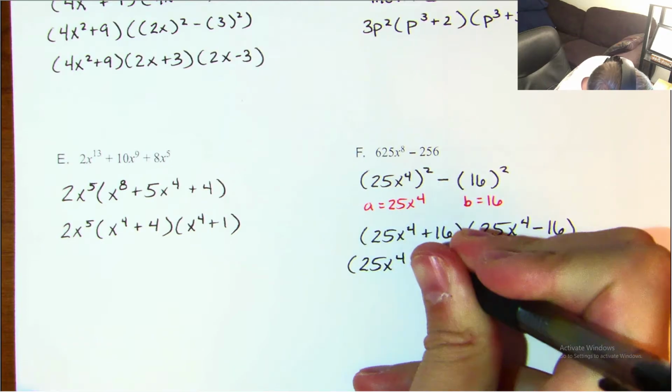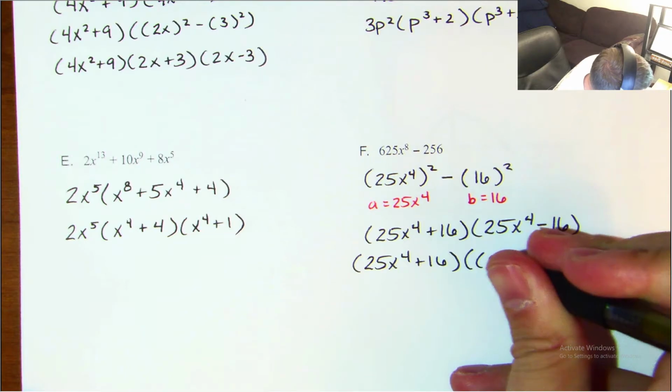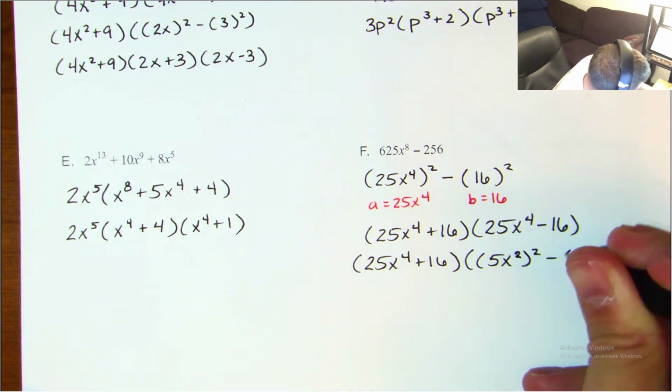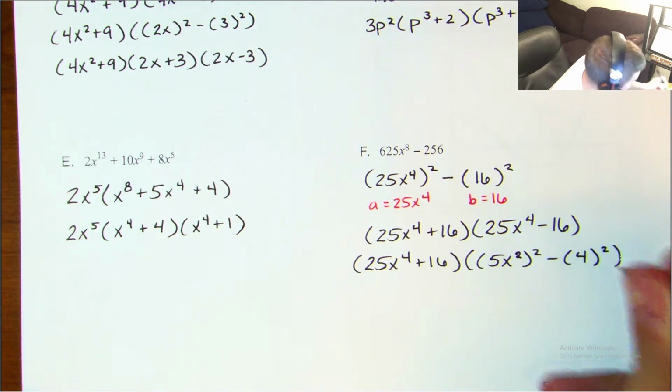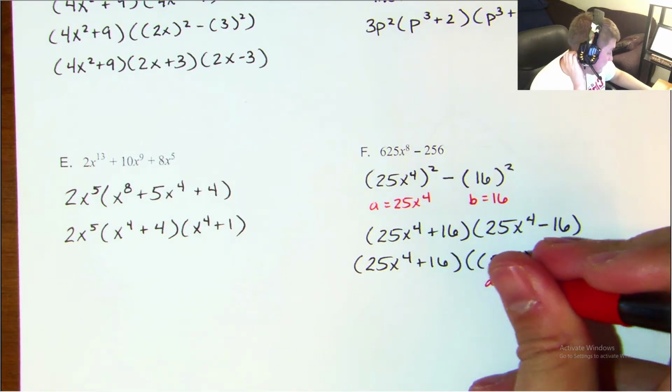The root of 25x to the fourth is 5x squared. And the root of 16 is 4. So now I have another a value and another b value.